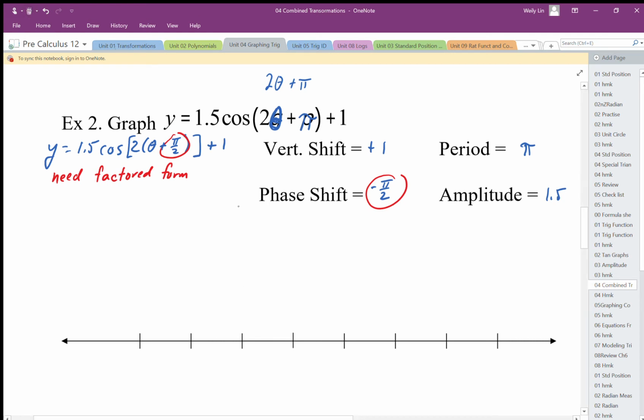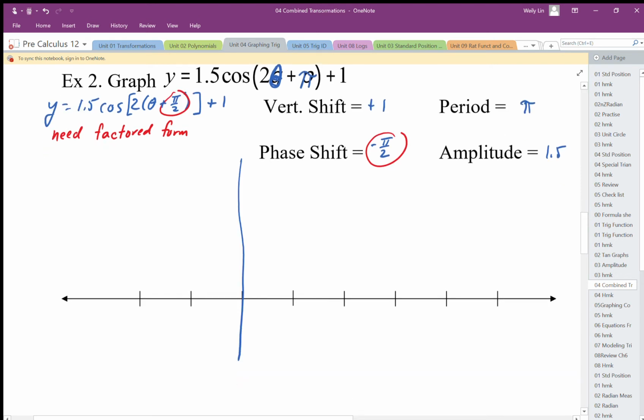I'm going to draw my axes here. Okay, there's my y-axis. I'm going to maybe make this position here my negative pi over 2. The reason I put it over there is to accommodate my graph, so I'm not squishing it in. I want a little bit of space to draw my graph. I know my period is going to be pi, so I need to go over pi over 2.